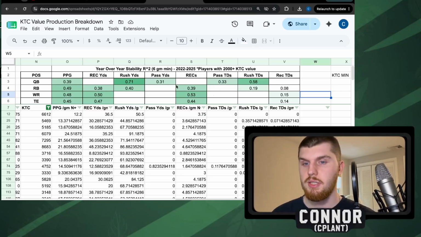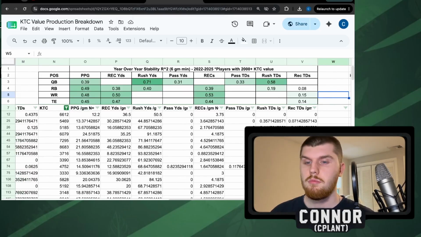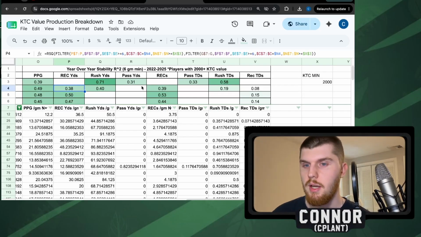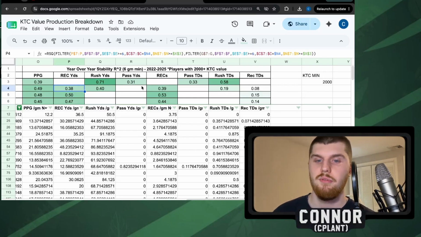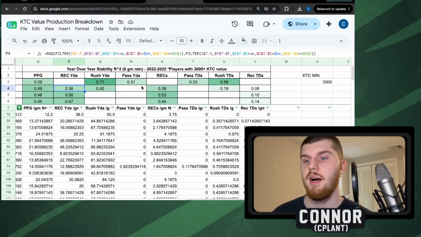And so this right here is pretty telling. This shows us which stats are the most stable, right? But then what I did was I thought, if we simply weighted all of these stats by their stability, we could get a sense for their stable value. How much of their production value can we expect to continue on, right?